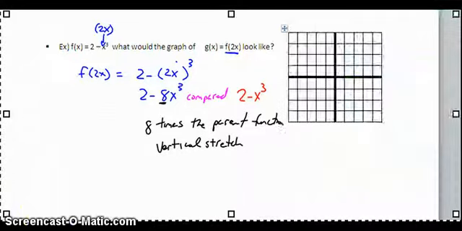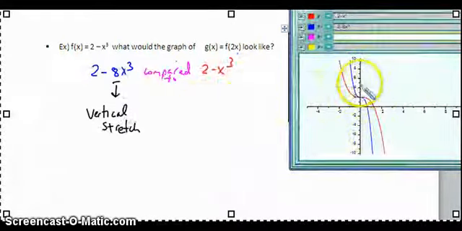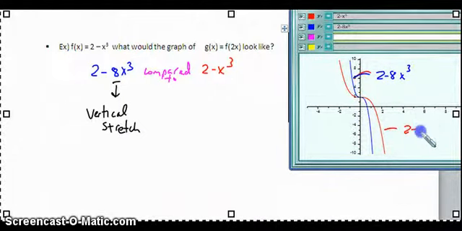Okay, so looking at the graphs now, notice that the blue graph is 2 minus 8x to the third, and the red graph is 2 minus x to the third. So what's happening with the blue graph is that it's being stretched vertically.